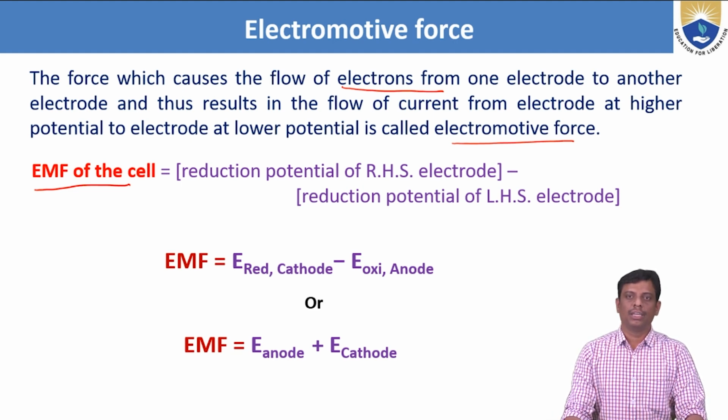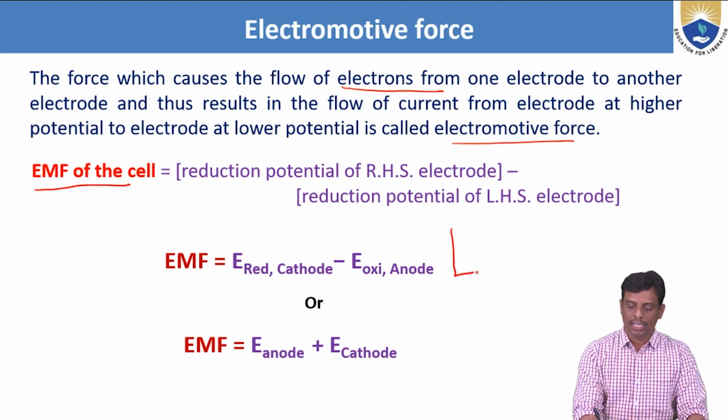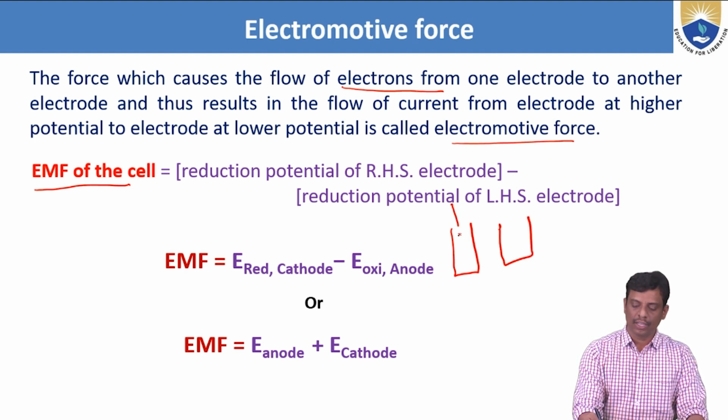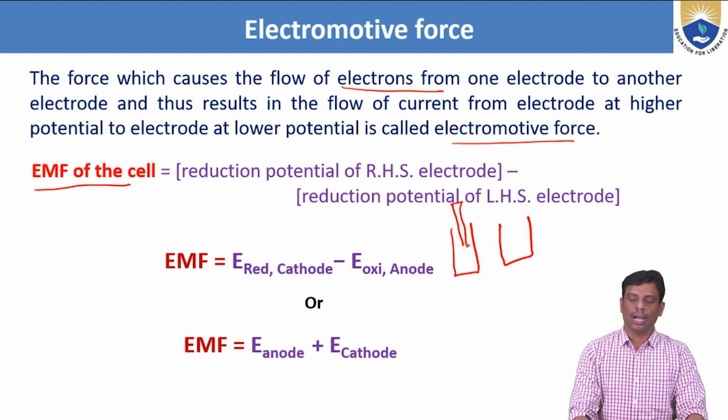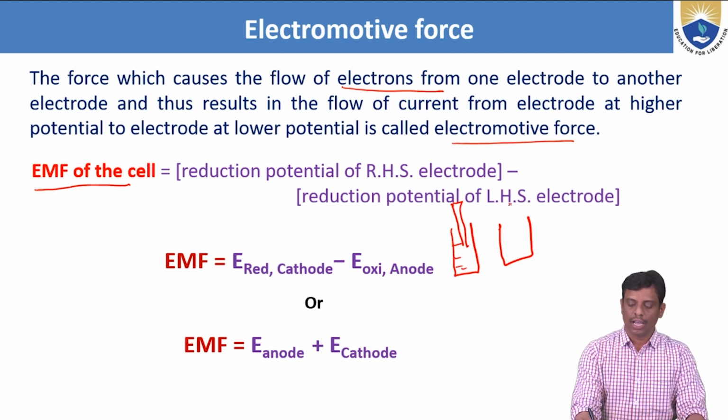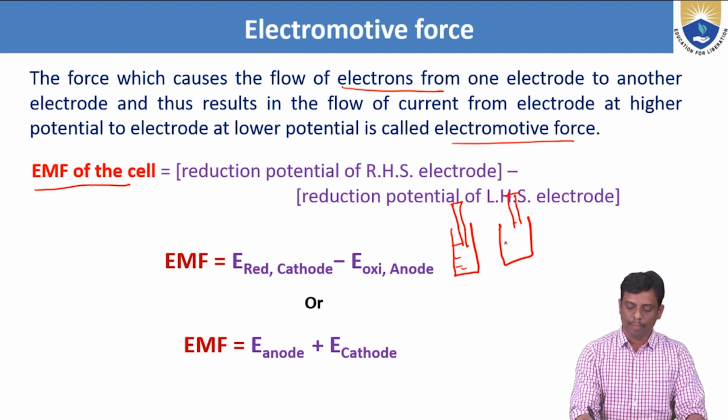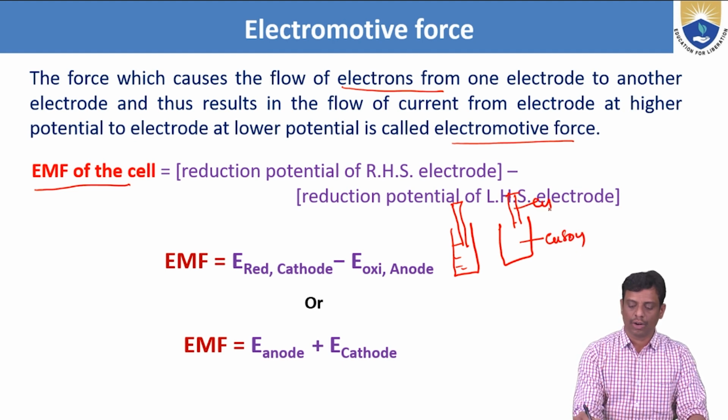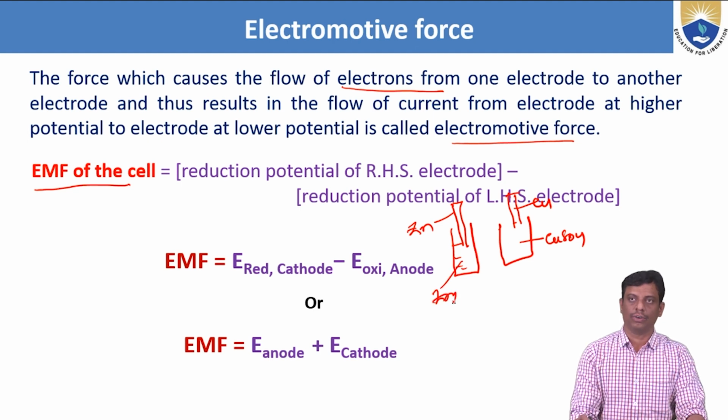We know that a voltaic cell has two half cells. One half cell has a zinc electrode and zinc sulfate solution, and the other half cell has a copper electrode and copper sulfate solution. This is the copper sulfate solution and copper electrode. This is the zinc and zinc sulfate solution, the zinc electrode.